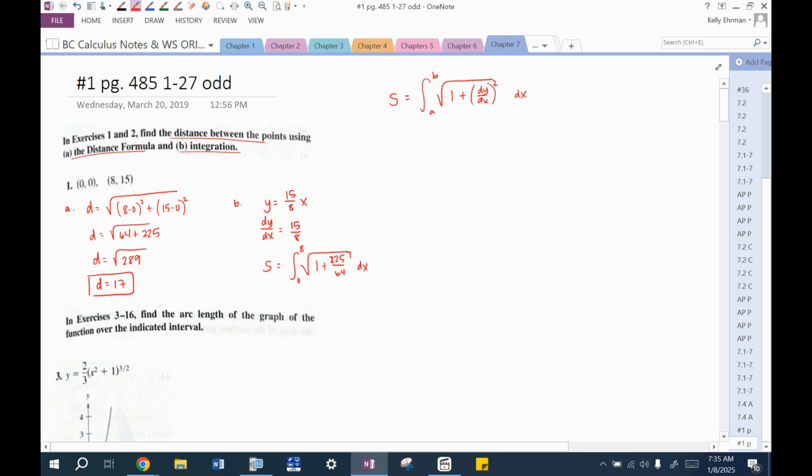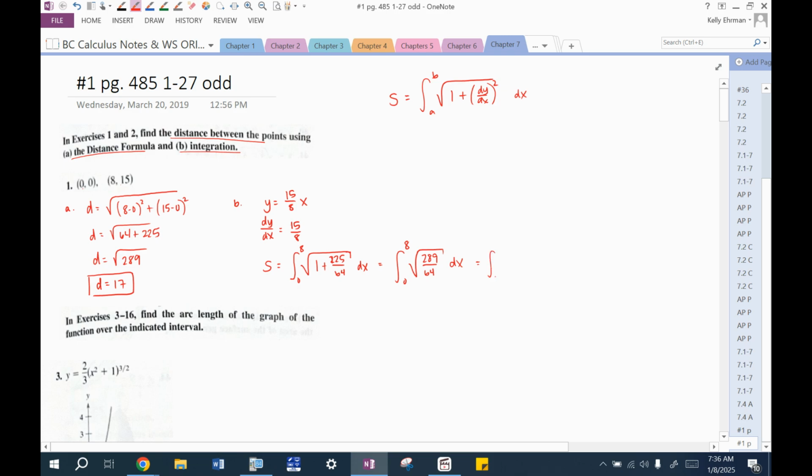And then this again would be, let's see, 64 over 64 plus 225 over 64. So this is going to be the integral from 0 to 8 of the square root of 289 over 64, if I get my common denominator. And I know this answer is going to be 17, but just to do the math behind this.